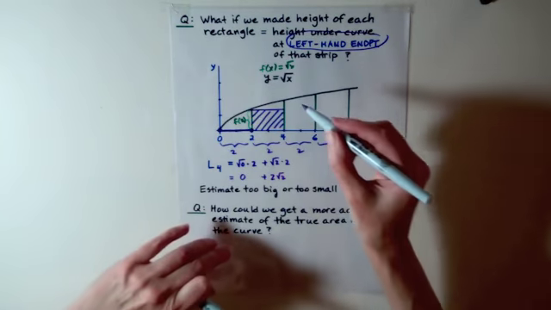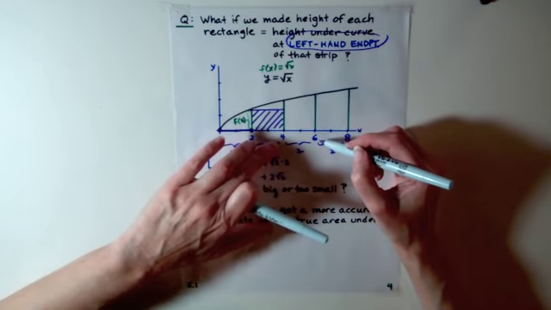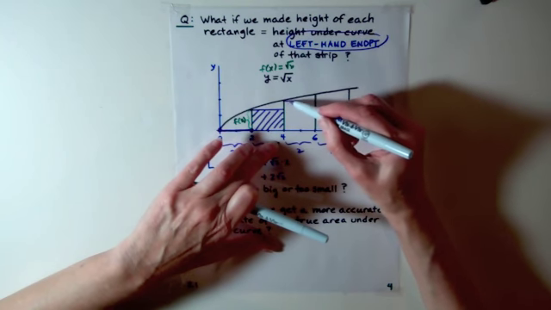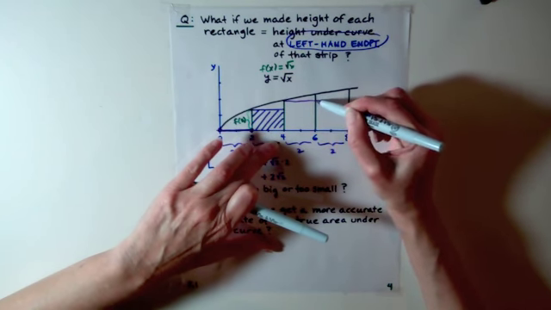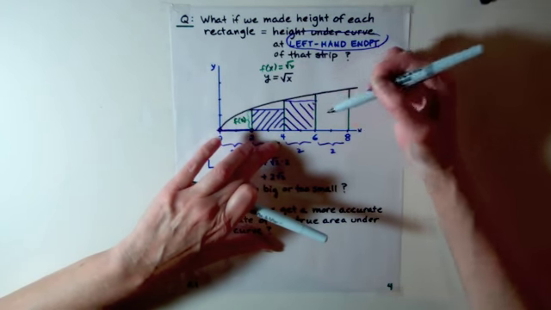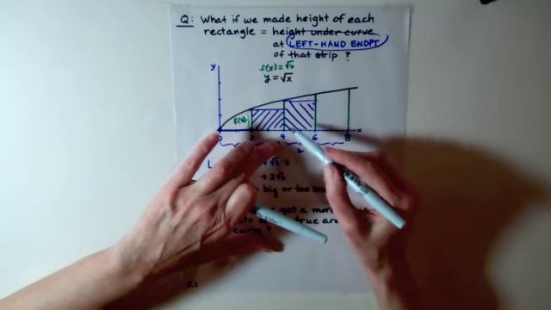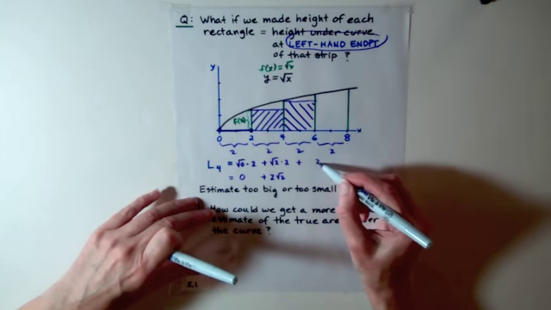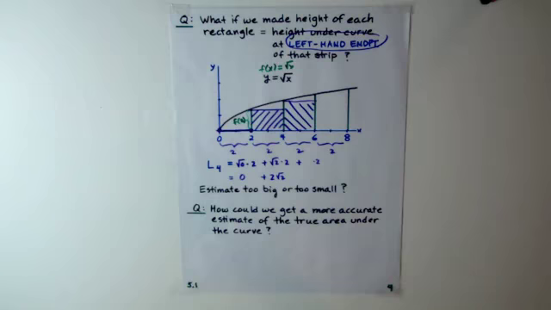And we continue to do this for the third strip. I want to use the height at the left-hand endpoint. That would be this green height right here. And so I create a rectangle that's that high. That will be my third approximating rectangle. And so we know the width of that one is also 2. How high is it?